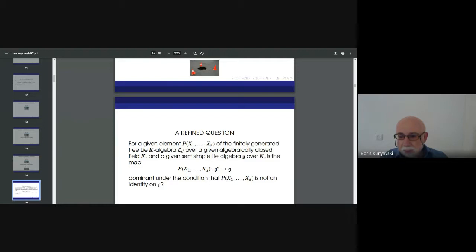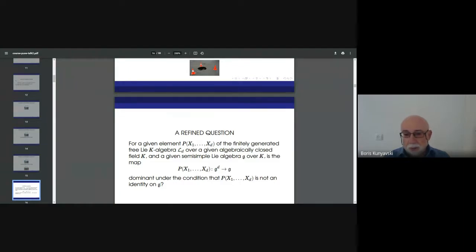Before stating results, let me state a refined question. So we have to assume something. We are looking at some Lie polynomial, which is formally speaking an element of the finitely generated free Lie algebra over an algebraically closed field K. We fix some semisimple Lie algebra G over K, and we consider the corresponding polynomial map.